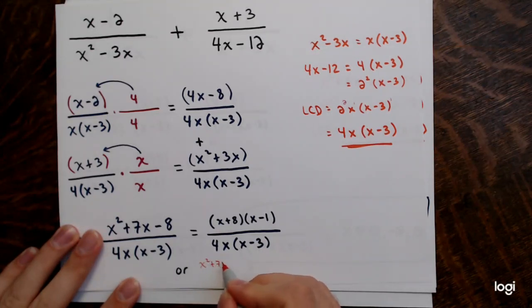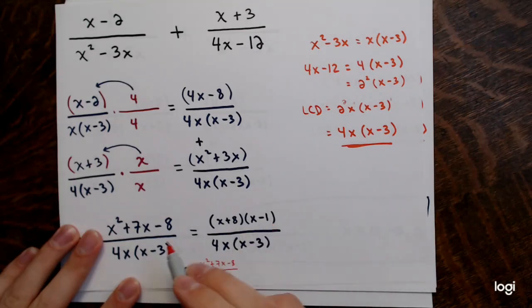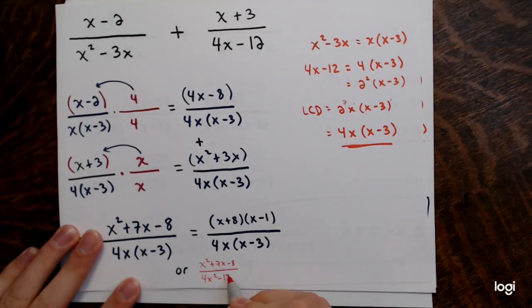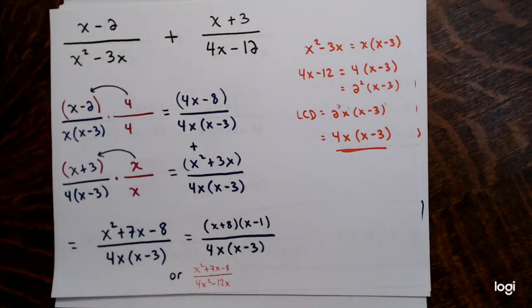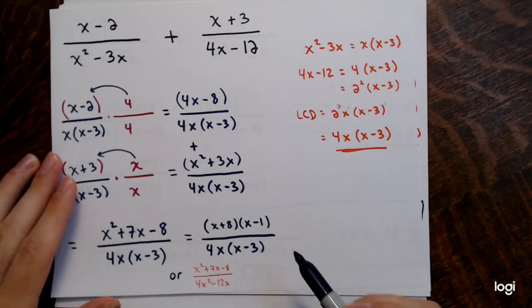If you don't like parentheses, right? Some people don't like parentheses at the end. So keep the numerator as x squared plus 7x minus 8, and distribute the 4x in the denominator, make that 4x squared minus 12x. I mean, that's fine too. But I'll leave it like this, where everything's factored and we see that it's simplified, right? We see that there's no common factor in the numerator and denominator.